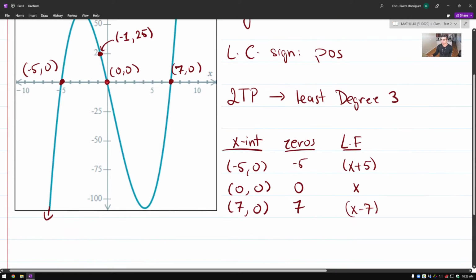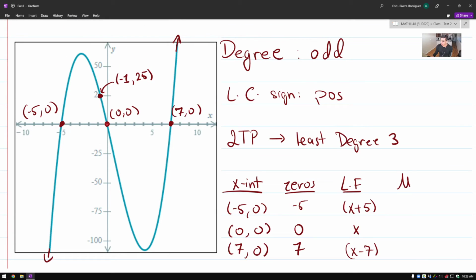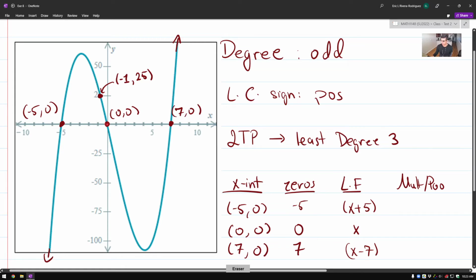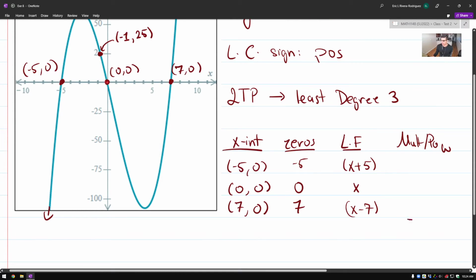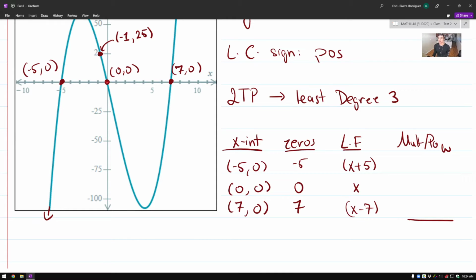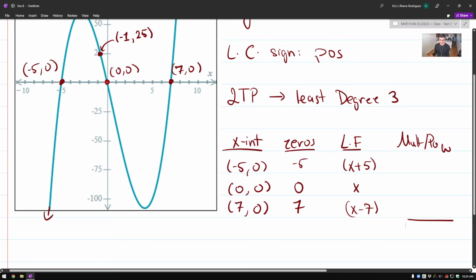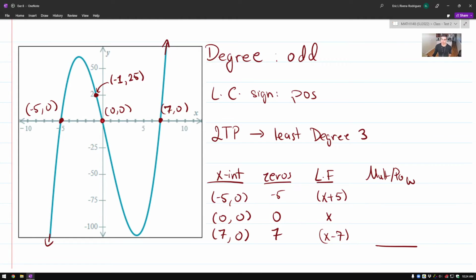Okay. So then we need to determine their power. To determine their power, we need to take into consideration at least the degree that is allowed for this graph and the behavior of the x-intercept. In all of these cases, the graph crosses the x-axis.